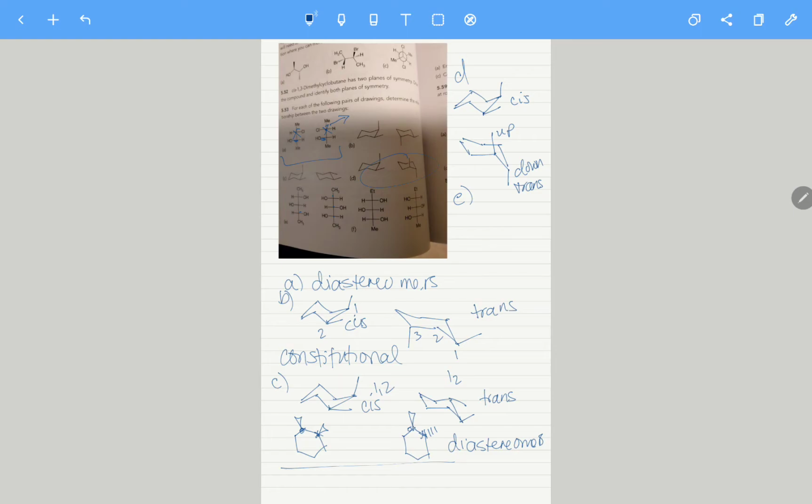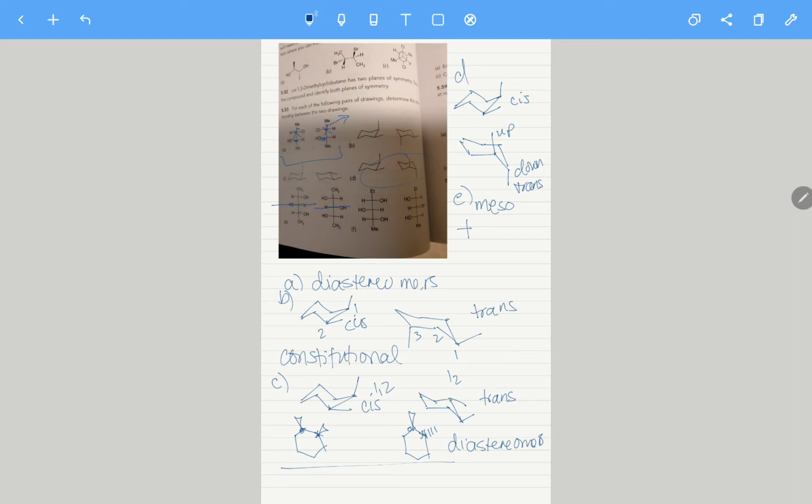But I'm going to give you one little reminder: if you have a structure in which there is a plane of symmetry, then we would say that this structure would be meso. It looks like you have chiral centers, and you do. However, when we compare each one of these, there's an internal plane right here, and that would make these structures meso.